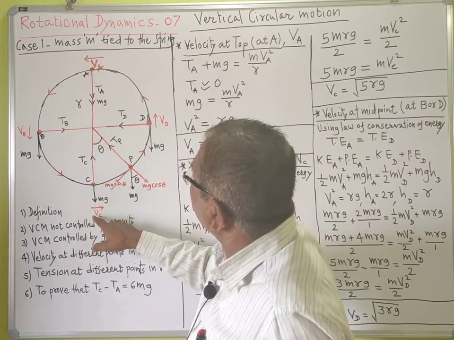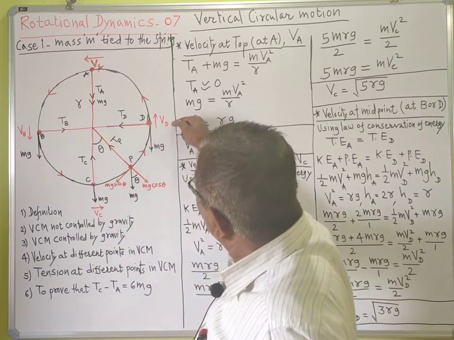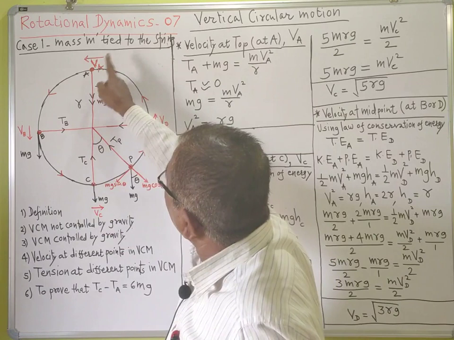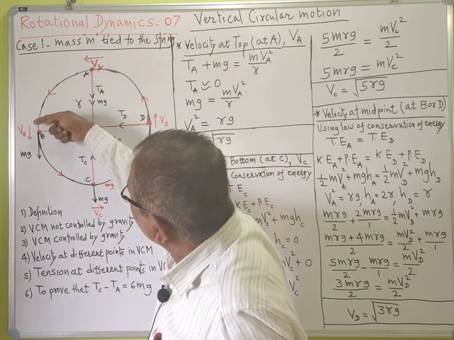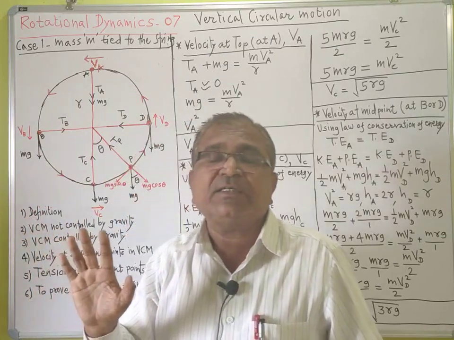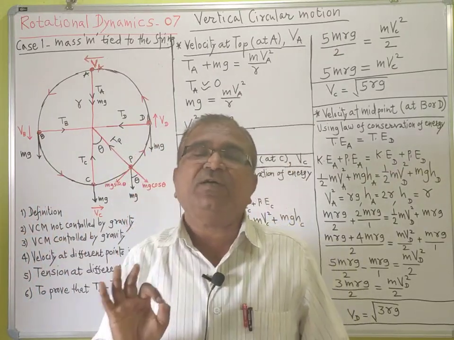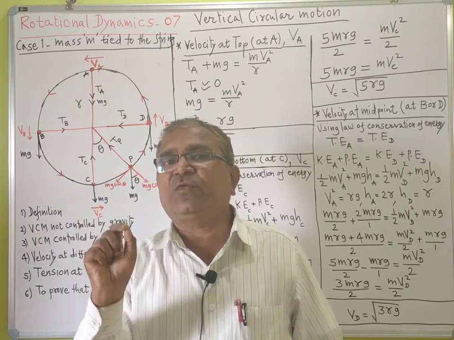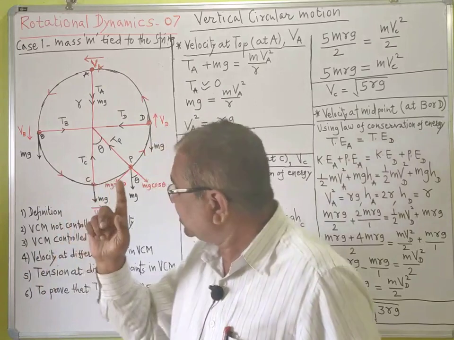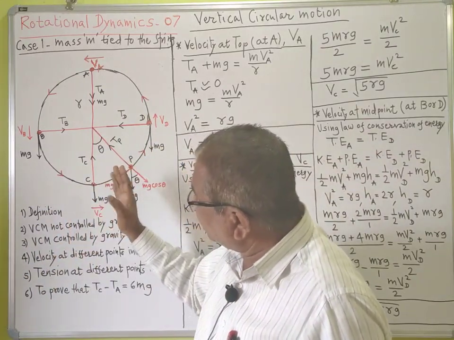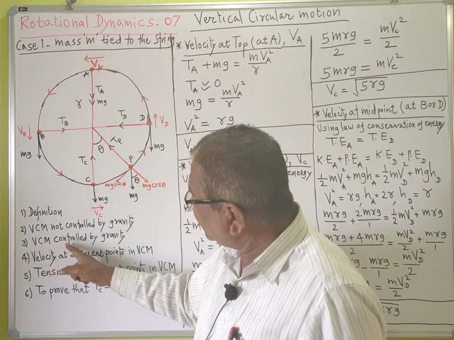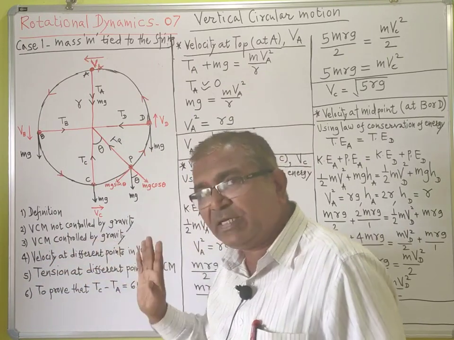Velocity at C point is Vc, at D point is Vd, at A point is Va, and at B point is Vb. At every point, listen carefully, the velocity of the particle during vertical circular motion is different, because we learn this article under the concept of VCM controlled by gravity.